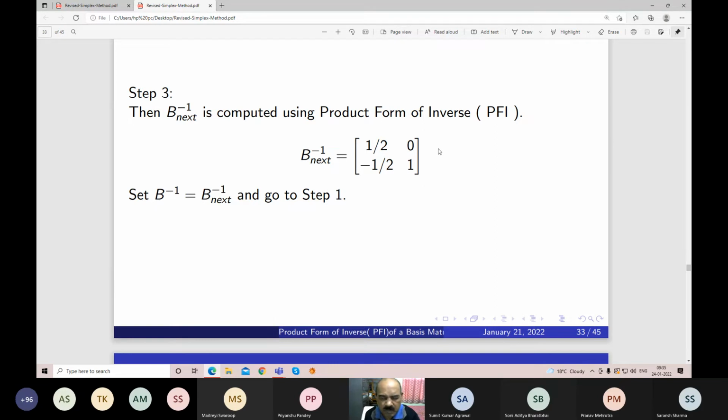The first is half, then it is 3 by 2. So we have got two values.